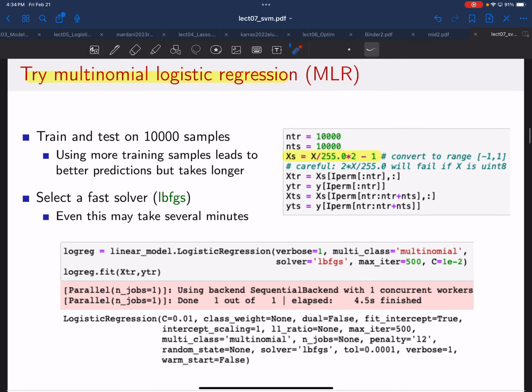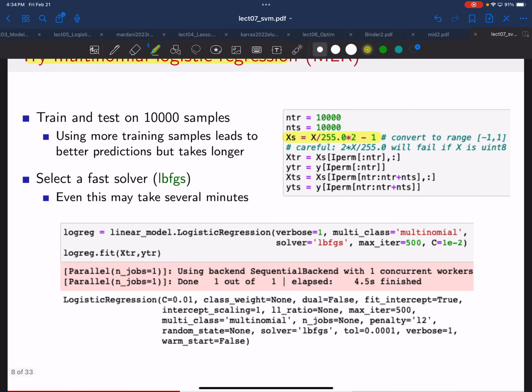Okay, so we got our training data, we normalized all our data, and we can run logistic regression. I don't remember what the default solver is, but we're going to use this one, LBFGS, which is supposedly a pretty fast solver.